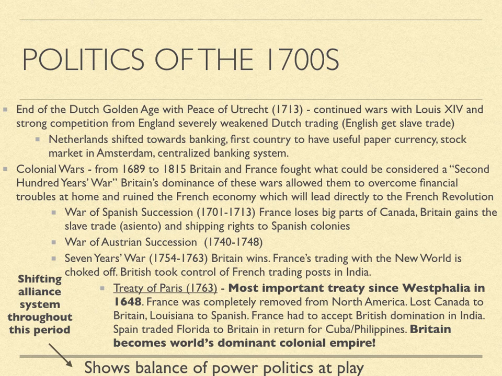The French lose Louisiana to the Spanish. The British are also going to take control of all the French trading posts in India. And so this is the beginning of the British tightening their grip and control in India. And obviously, India becomes the crown jewel of the British Empire later on.